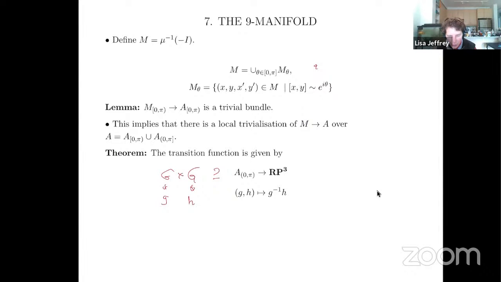And restricting to removing the part where the commutator of the first 2 elements is minus 1, you get a trivial bundle. This means that restricting to each of these subspaces, removing 0 or removing pi, you get a trivial bundle.